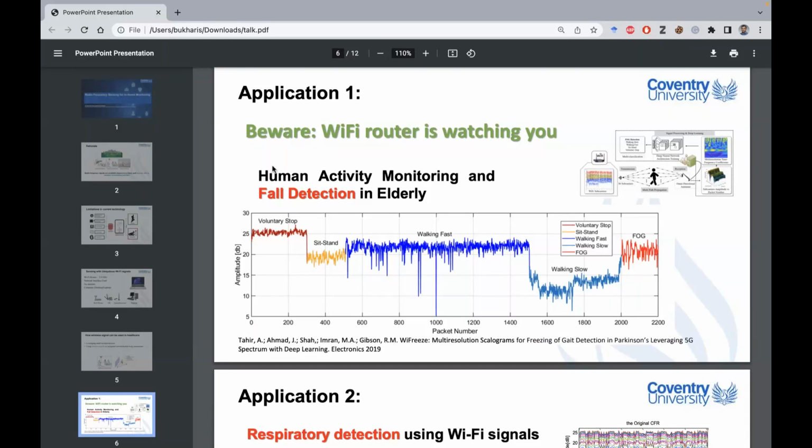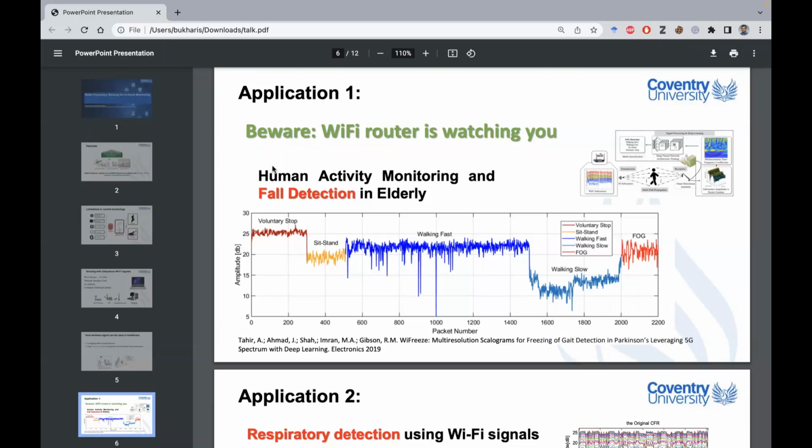So the participants were asked to perform different activities: voluntary stop, sitting, standing, walking fast, walking slow, and freezing of gait. You can see visually here, without applying a machine learning algorithm, the Wi-Fi router gives us a unique imprint for each body movement.